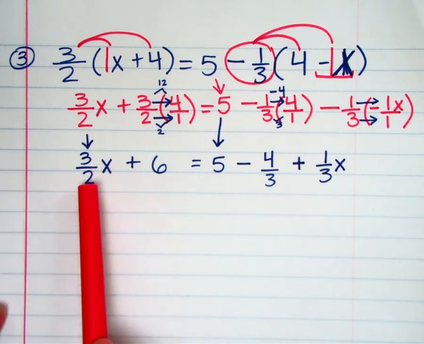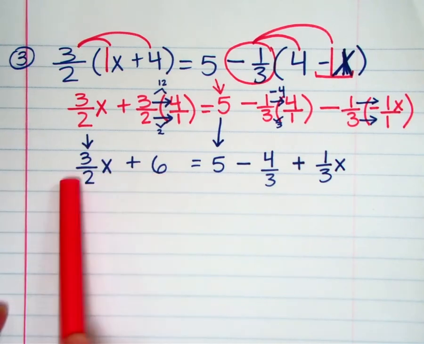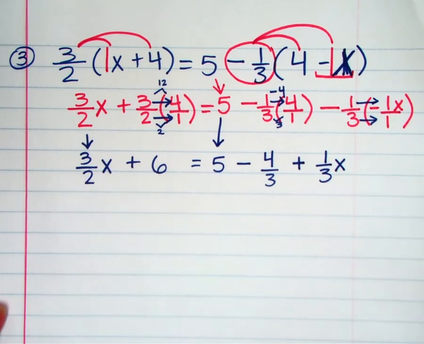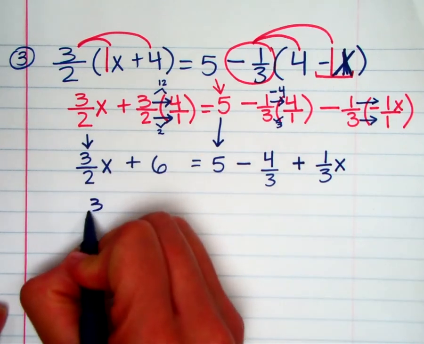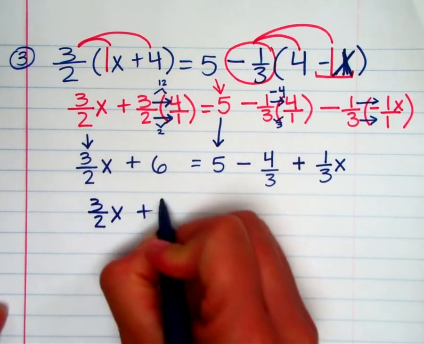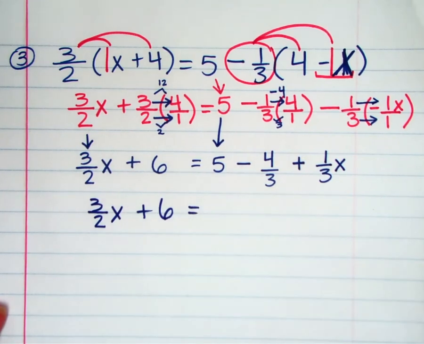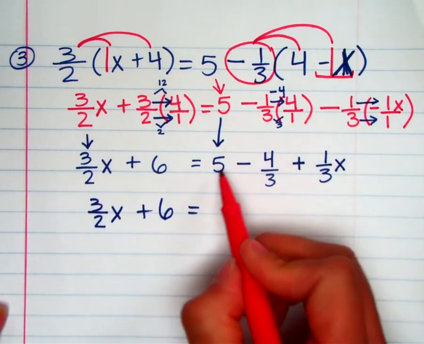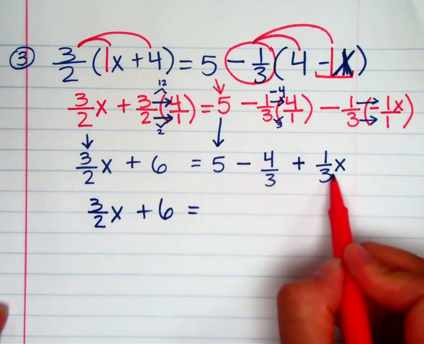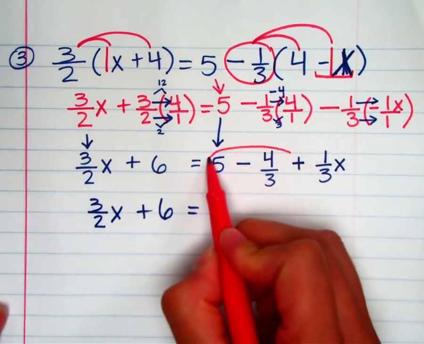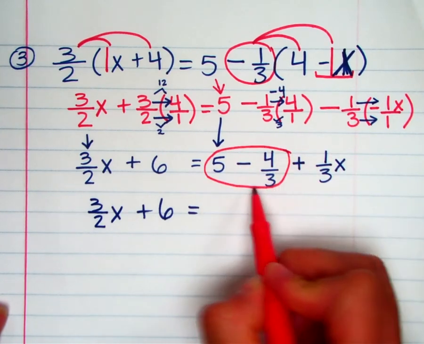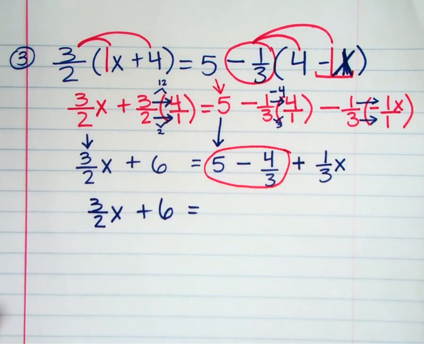So here, 3/2 x plus 6, you can't combine those. They will stay the same. So we'll just write 3/2 x plus 6 because we can't do anything. But on the right side of the equation, we can see that we have 5 minus 4/3 plus 1/3 x. 5 minus 4/3 are like terms. So we want to combine those before we continue.